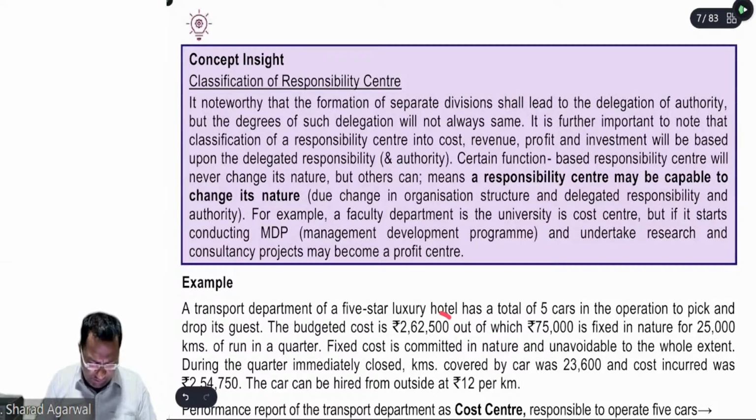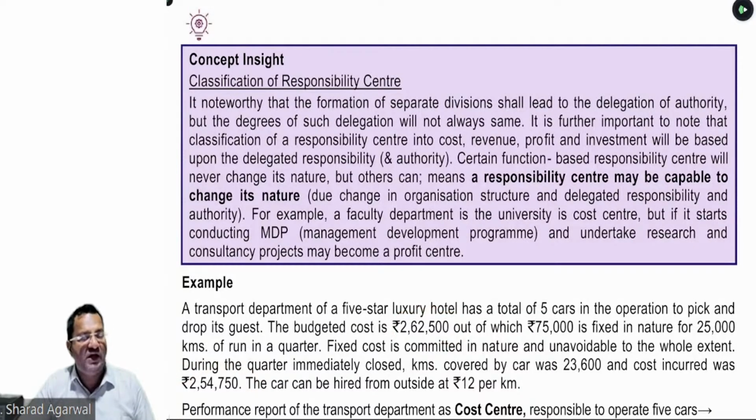This is the budgeted cost. Don't look at the solution part, beta. Think on your own. This is the budgeted cost, while this is the actual cost. Whether the transport department performance based on cost is favorable or adverse.